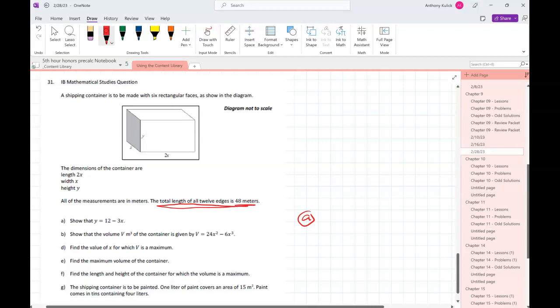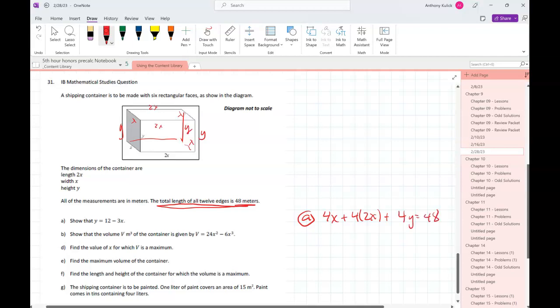So if I look at the picture, I'm going to have 1, 2, 3, 4 x's. And then I'll have 1, 2, 3, 4, 2x's. And then I'll have 1, 2, 3, 4 y's.